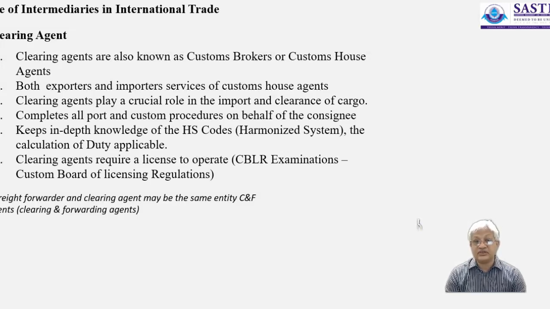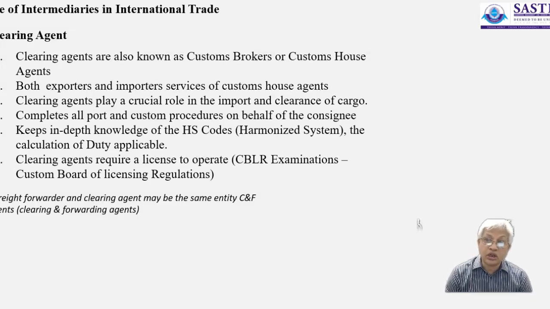Why? Because both exporters and importers require the services of customs house agents. So, customs house agents are required at both ends. One is customs clearance at the export end, that means an exporter selling the goods, and customs clearance is always required also at the destination, that is at the import location. So, clearing agents play a very crucial role in import and clearance of cargo.